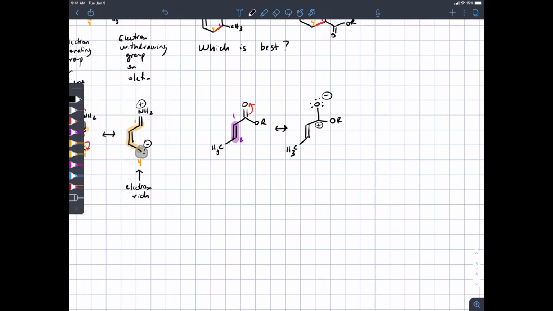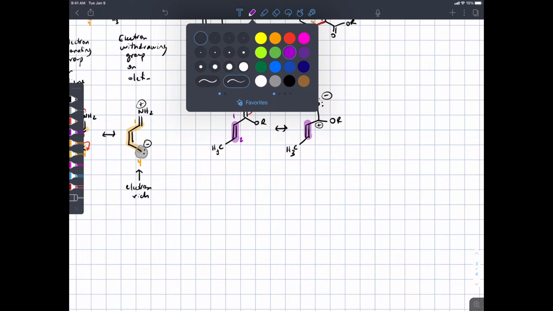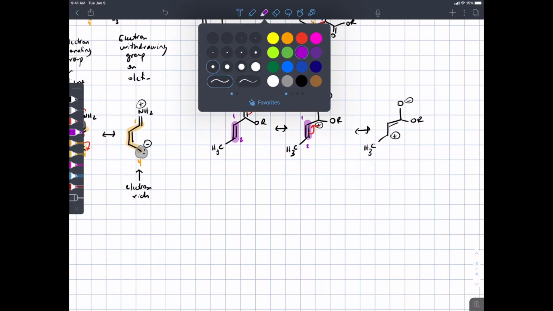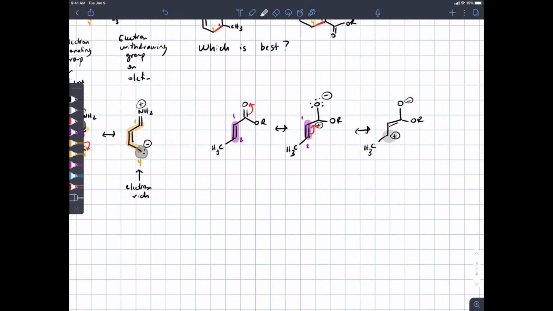Then whenever you have a pi bond adjacent to a positive charge, that is a situation in which you can do resonance where the pi bond moves over to make a new pi bond and the positive charge goes on to carbon 2. Okay, so we would therefore conclude, I'm going to highlight it in gray again, that carbon 2, purple carbon 2, is electron poor.